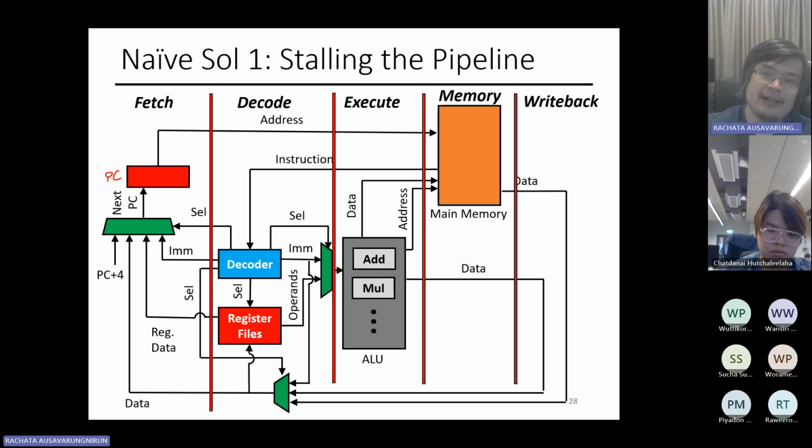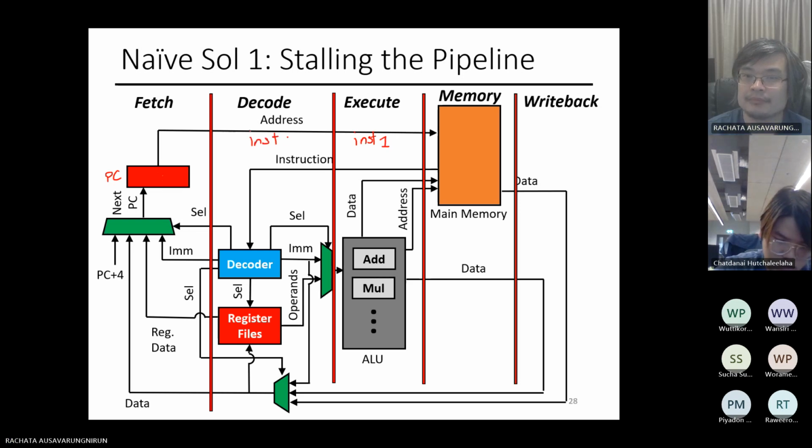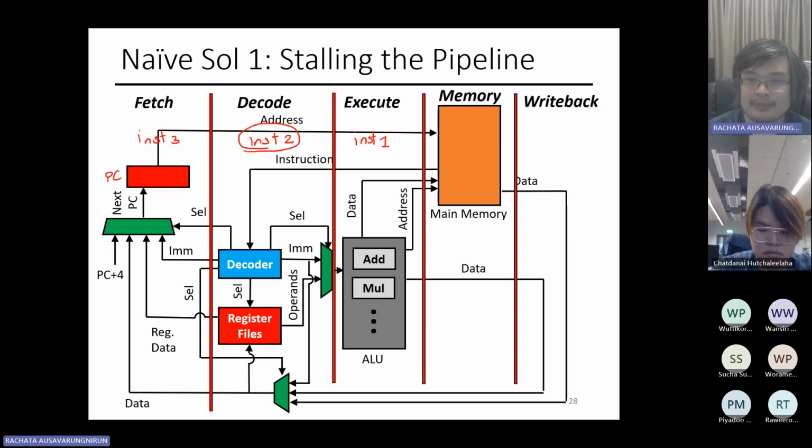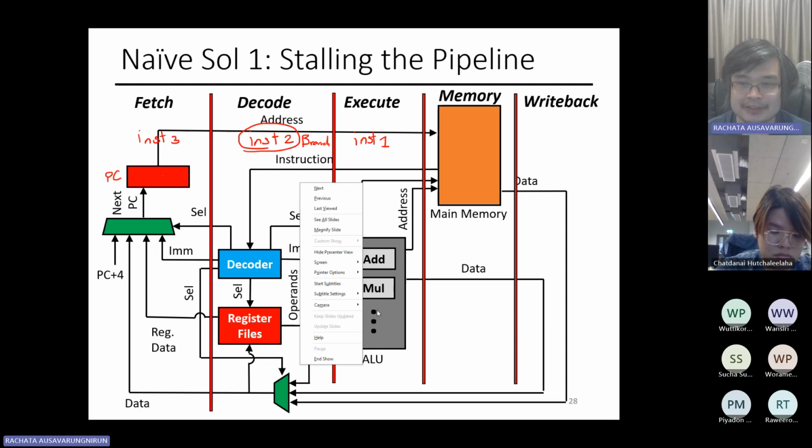Okay, so let's say I have instruction 1 here, instruction 2 here, instruction 3 here. And let's just assume that this is a branch. What does it mean to be a branch instruction?